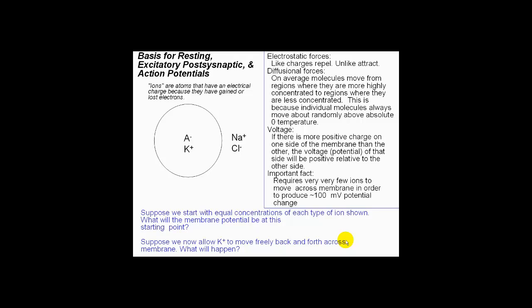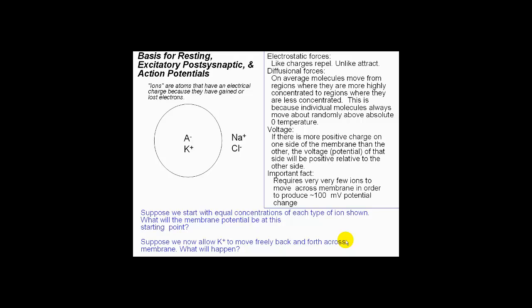Suppose, for starters, that there's sodium and chloride outside, and there's A- and potassium inside, and there's an equal number of these and these, so that charge balances out. There's an equal number of these and these, so that charge balances out. So everything's electrically neutral everywhere, for starters.